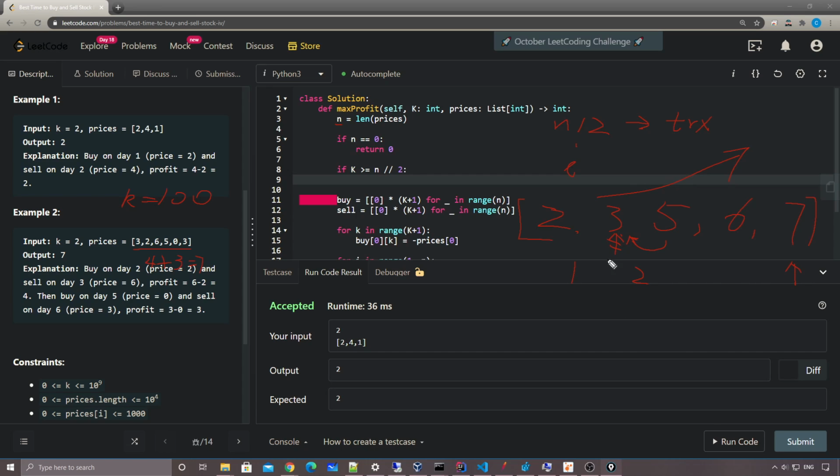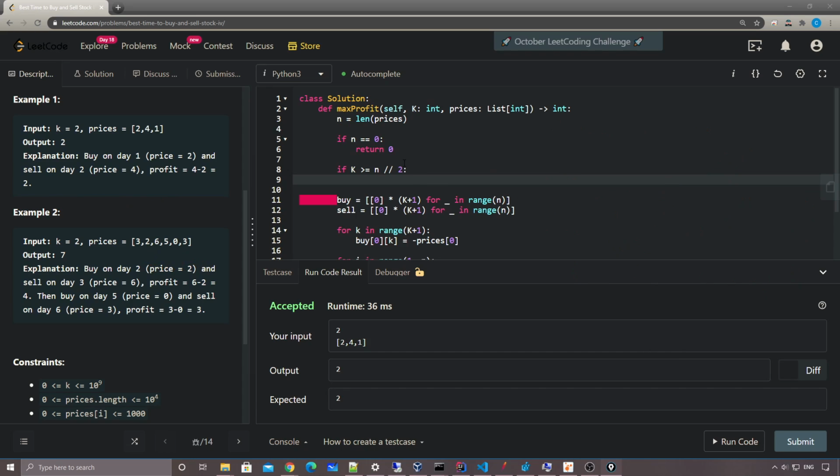So the total profit is going to be 2 to 7, which will be 5, right?